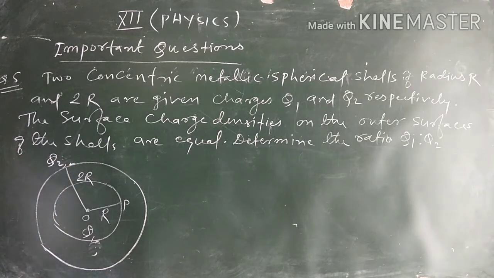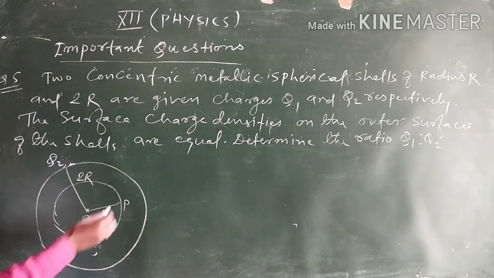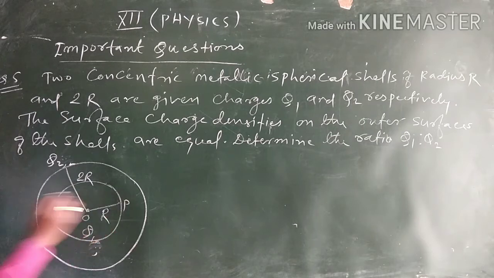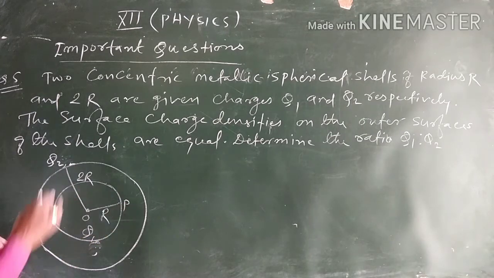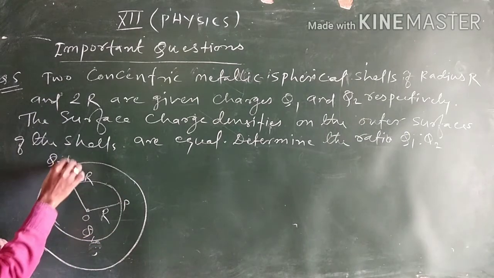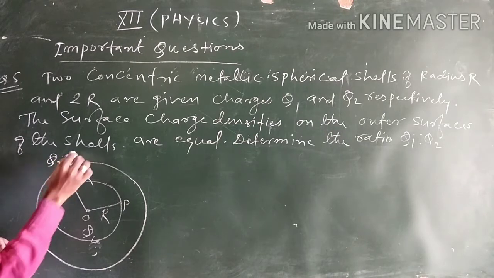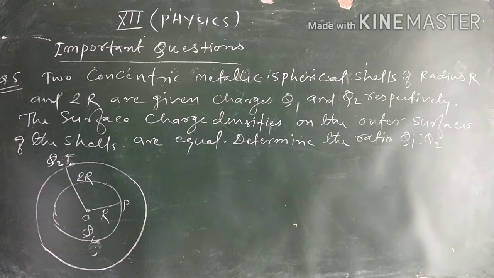The radius of this inner shell is the capital R, OP, and this is, suppose, T. O to T is 2R.